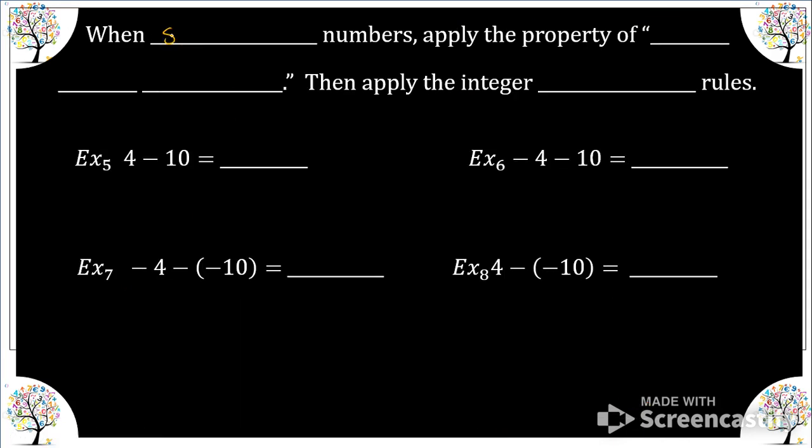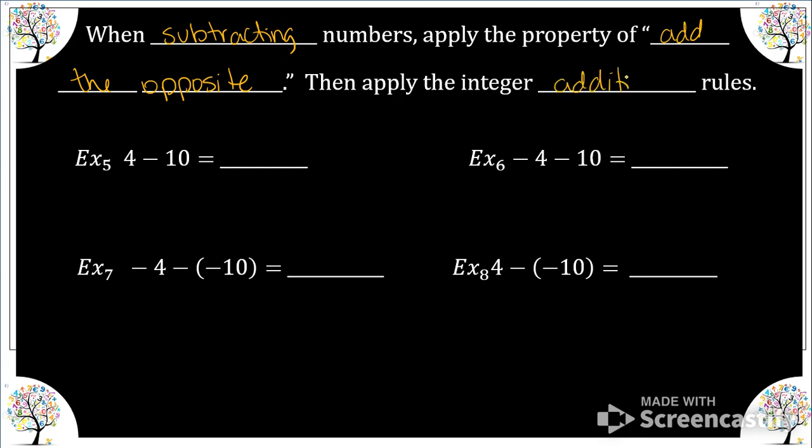When we are subtracting numbers, so if we have subtracting problems like we do down here, remember, we're going to apply the property of add the opposite, or keep, change, change. Then once we do keep, change, change, we will go back and apply the integer addition rule.